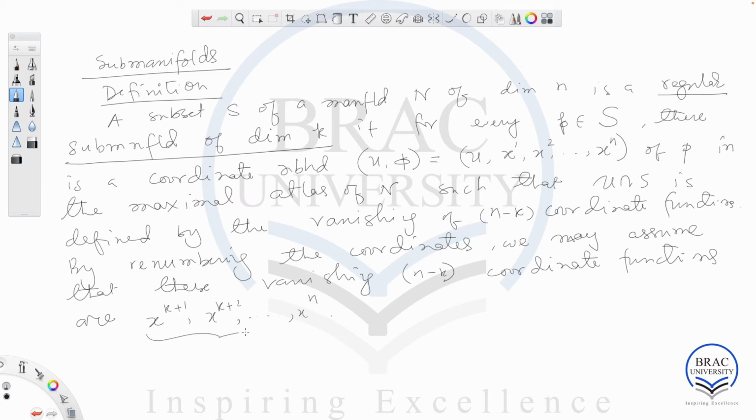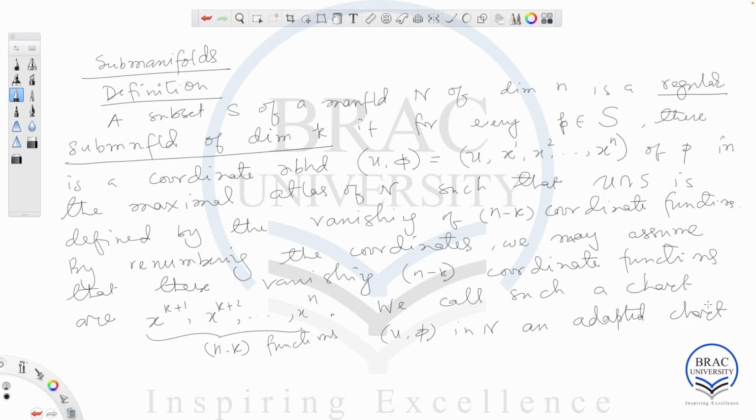So we immediately see that there are n minus k such coordinate functions, right? Good. We call such a chart (U, phi) an adapted chart relative to the subset S.